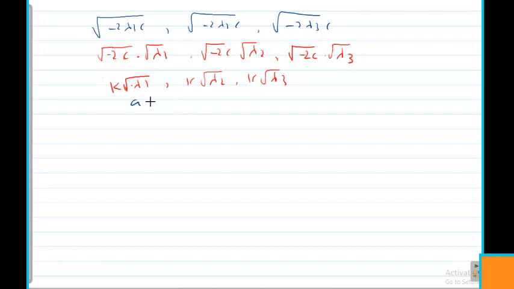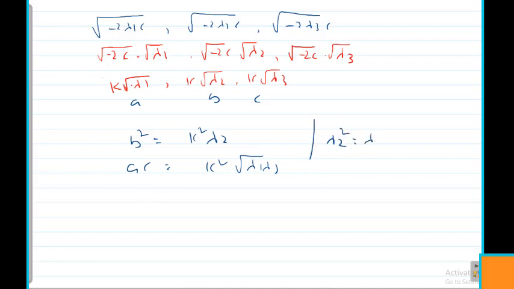Now, okay students, feel that this is a, this is b and this is c. Just observe, find b square. b square means k square into lambda 2. Find ac: k square into root over lambda 1 into lambda 3. Already given, lambda 2 square is given as lambda 1 into lambda 3. The meaning of this is lambda 2 is nothing but root over lambda 1 into lambda 3.